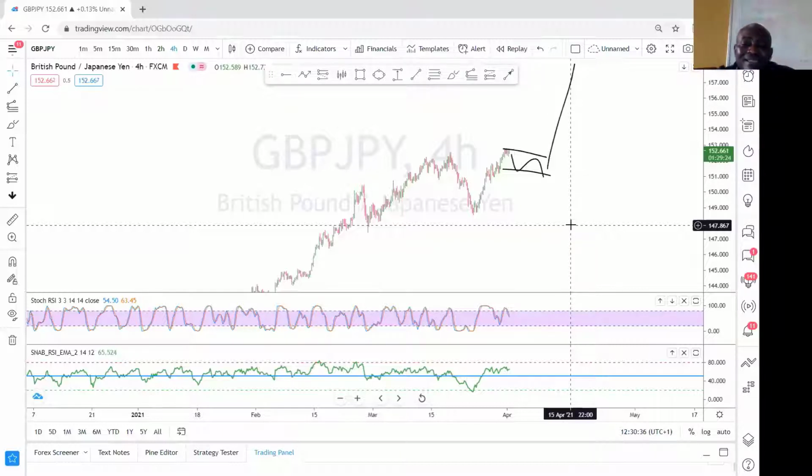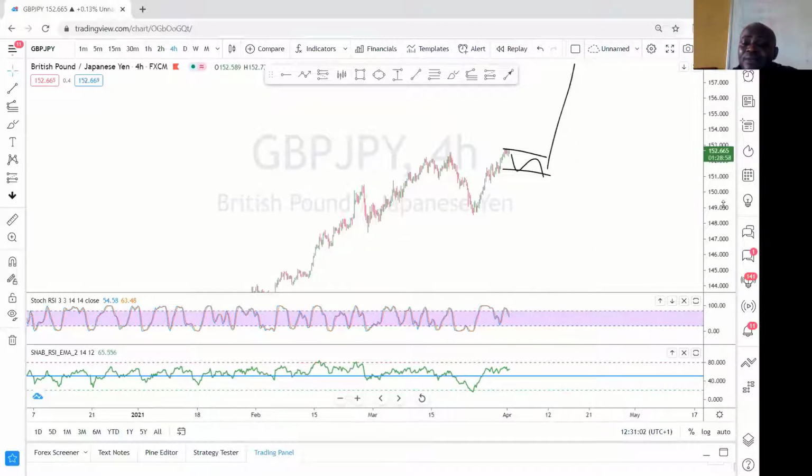After I've gotten my setup in 4 hours, I check the completeness of that setup from my stochastic. I check the RSI. Is there strength in trading the continuation? If yes, okay, and I step down to 1 hour to check the position of the stochastic so that I do not buy when the market is doing pullback.